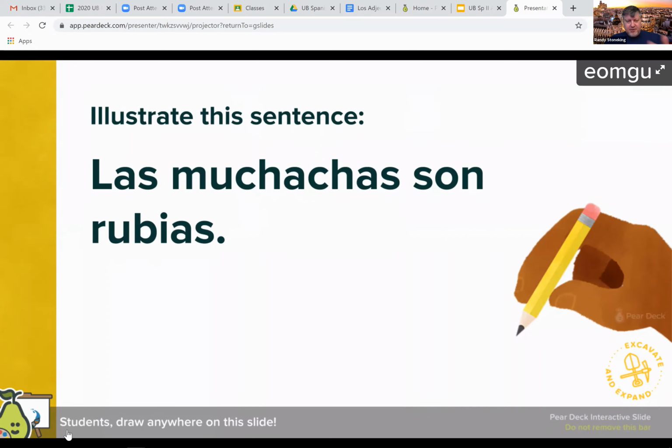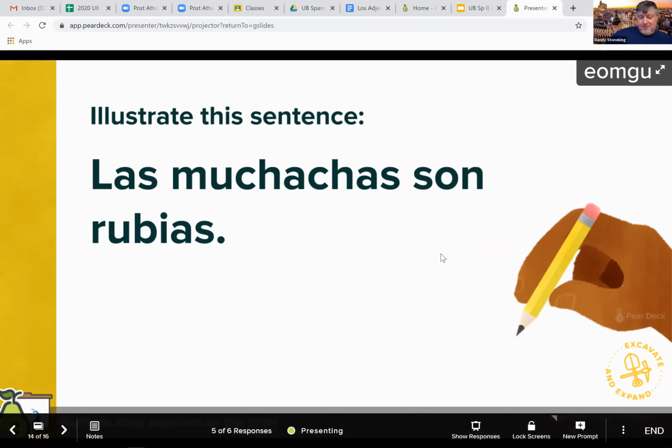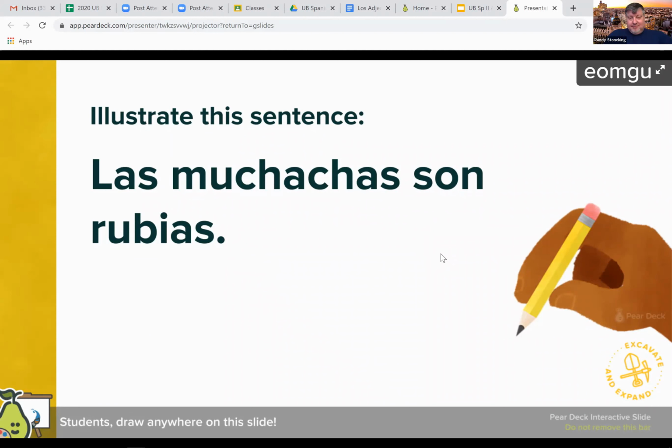See if you can draw me a picture that represents that sentence. Las muchachas son rubias. 20 seconds.